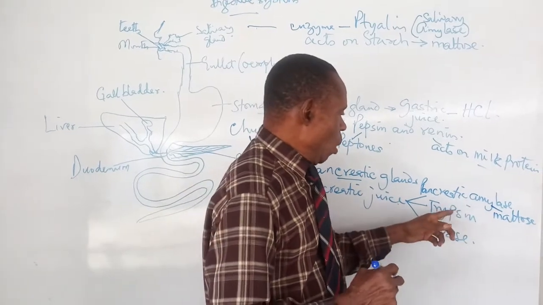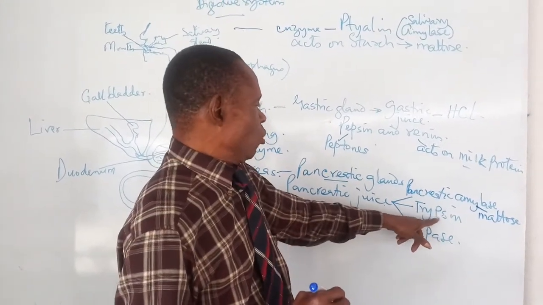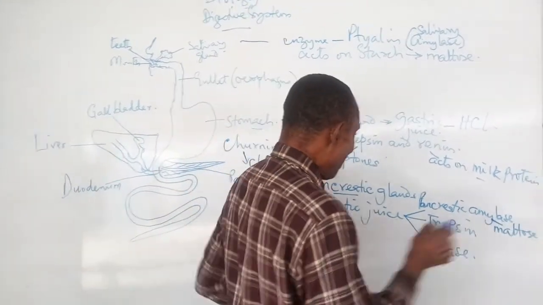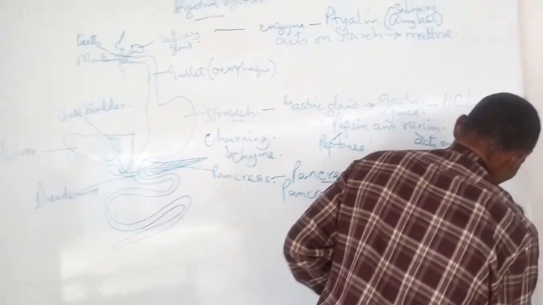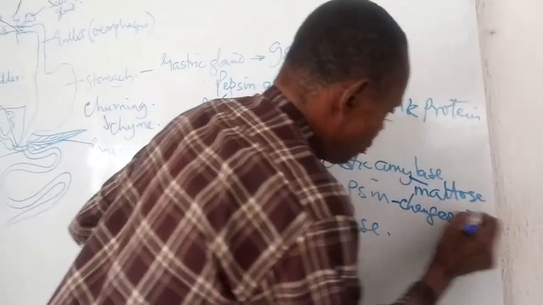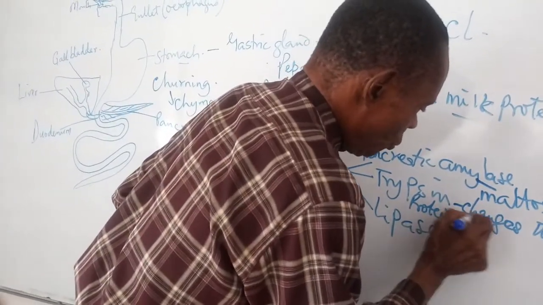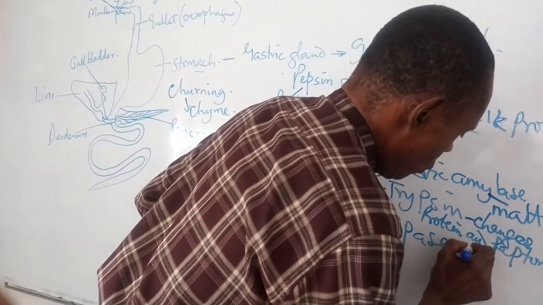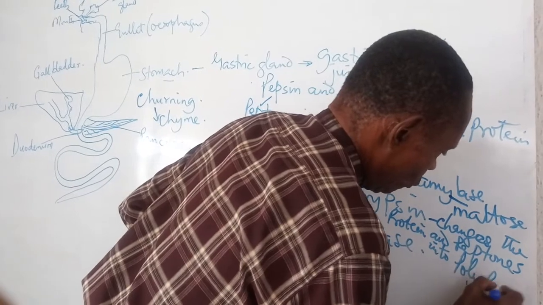And then we have the trypsin here. It's a protein enzyme. The trypsin here acts on some of the proteins as well as the peptones, and changes the proteins and peptones into polypeptides.